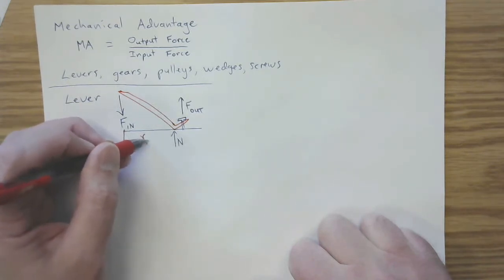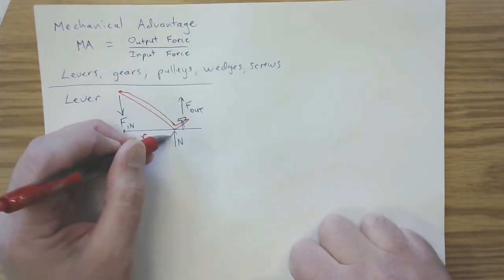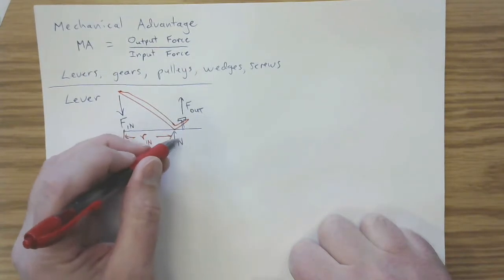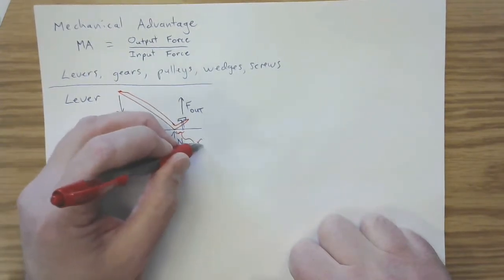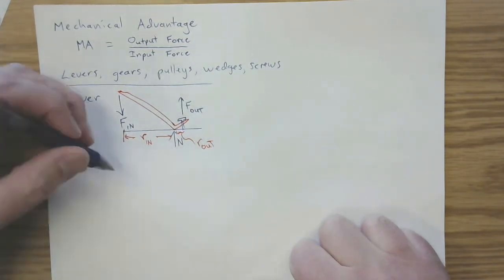That's your input distance, and then this little bit of distance in here, that's your output distance. I'll just put the same symbols on them for clarity. And then you go and you work your statics.